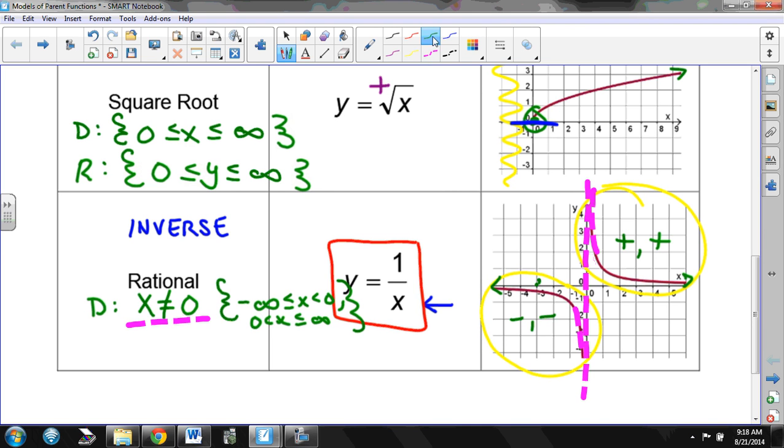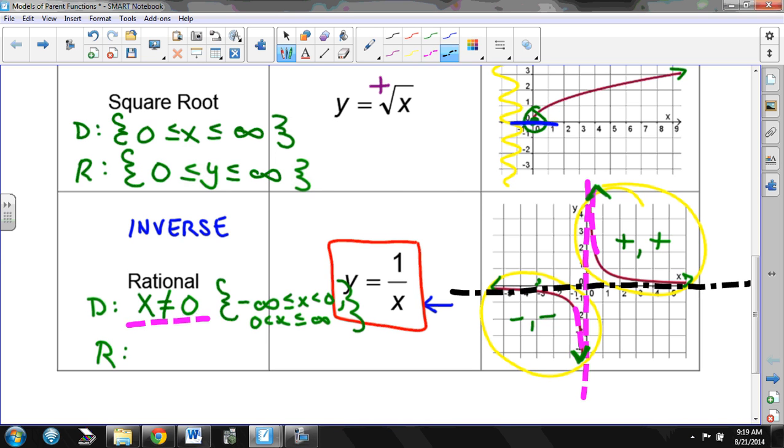What's the range going to be? What y values can you have? Well, down here the graph continues going lower and lower and lower. Up here the graph goes higher and higher and higher. But what's missing? Again, what's missing is this y equals 0.